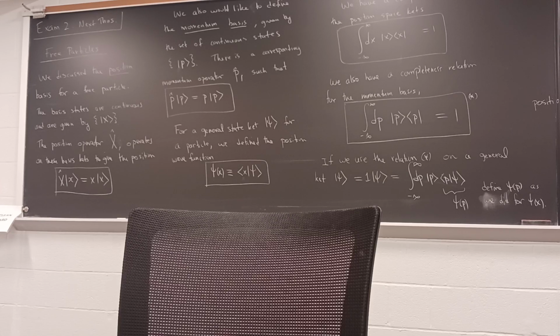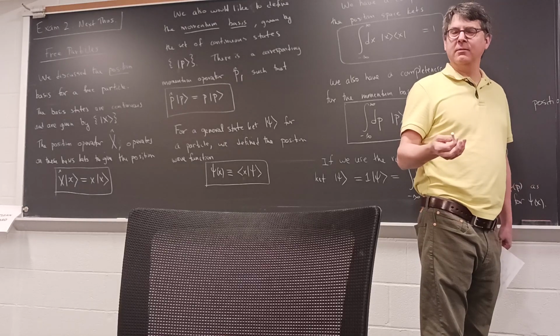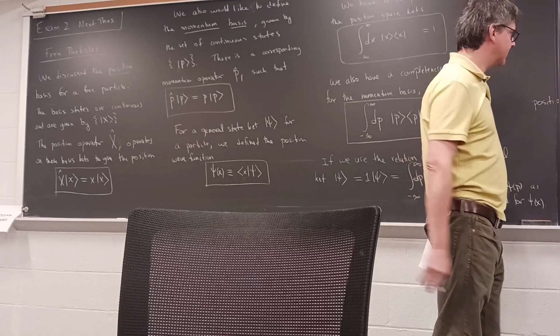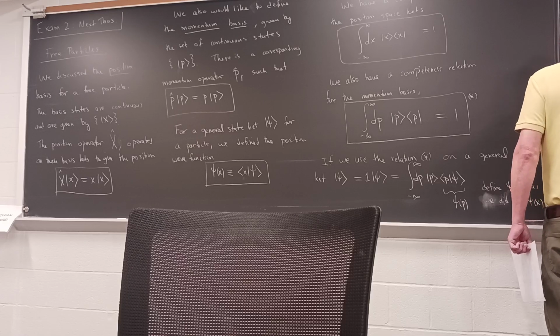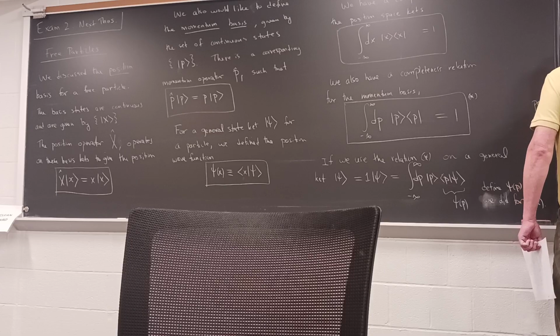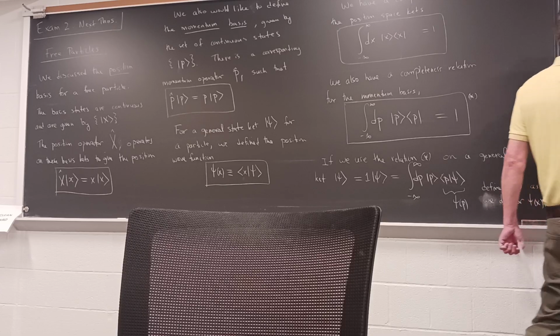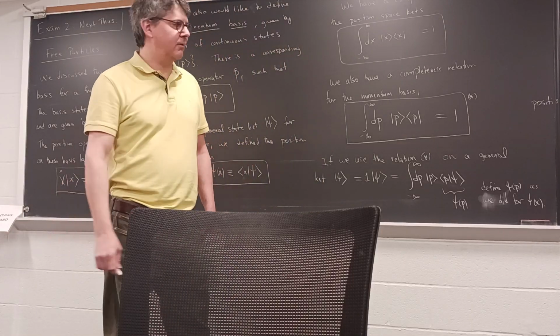So psi of p and psi of x are not the same function, just substituting x for p. They're different functions. So we have to figure out the value of <x|p>, the inner product between these two ket vectors.